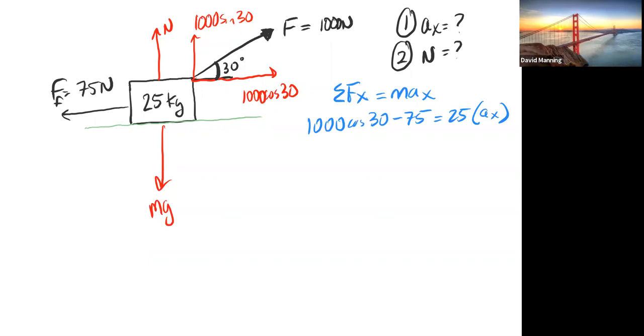Is there anybody who needs clarification on why I subtracted it? Good. So 1,000 cosine 30 minus 75, divided by 25. The acceleration is 31.64 meters per second squared.